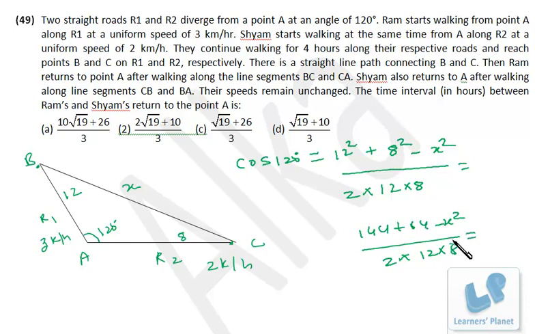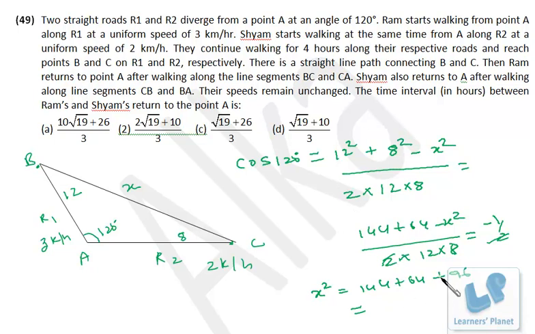And what is cos 120 degree? Friends, cos 120 degree is minus sin 30 degree, and sin 30 degree is 1 by 2. So I just put the value of this over here. Now I can get the value of x from this equation. So x square is equal to 144 plus 64 minus 96.